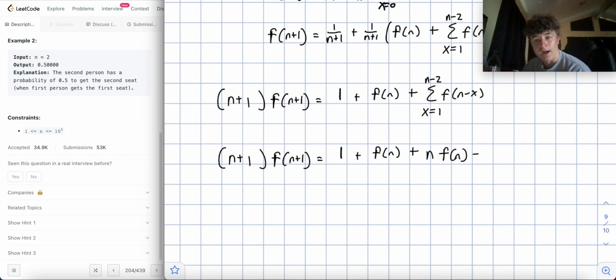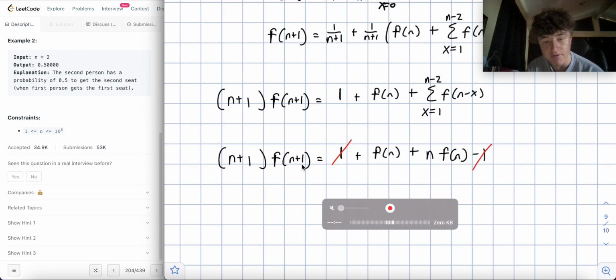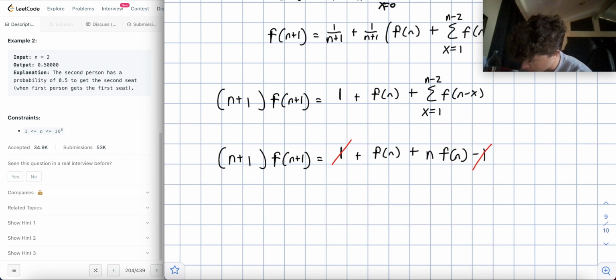F of n minus 1. Okay. Now these terms cancel. And then you're just left with n plus 1 times f of n plus 1 equals f of n plus n times f of n. All right. I'll write this part out because it's the best part of this problem.